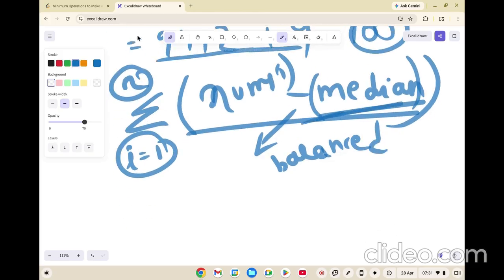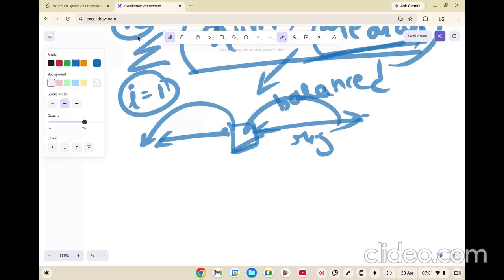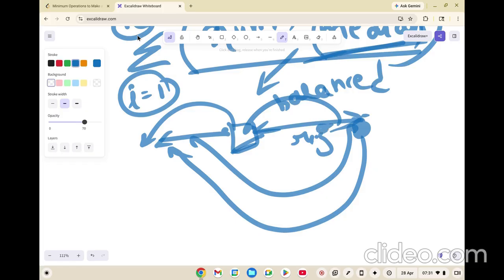If the median is in the middle, then the difference on the left side is balanced, and the difference on the right side is also balanced for this condition. If you wouldn't have taken this, you would have had to take this value to this point, again this value to this point, thereby making things large for you.